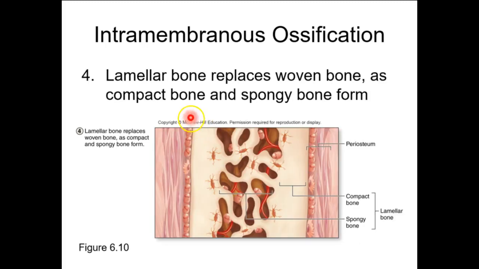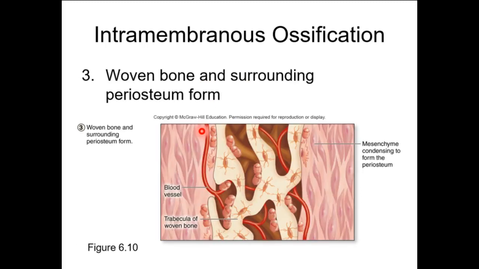But gradually they're going to form lamellar bone, and it's going to replace woven bone. And ultimately we're going to end up with the compact and spongy bone arrangement that we are used to. And that's really it. You don't need to go into more detail than that. Know which cells are involved.